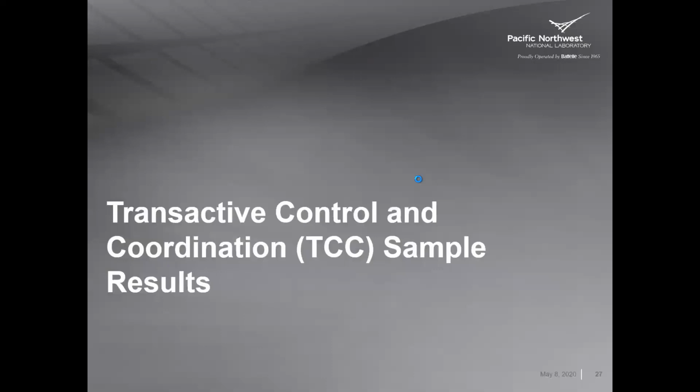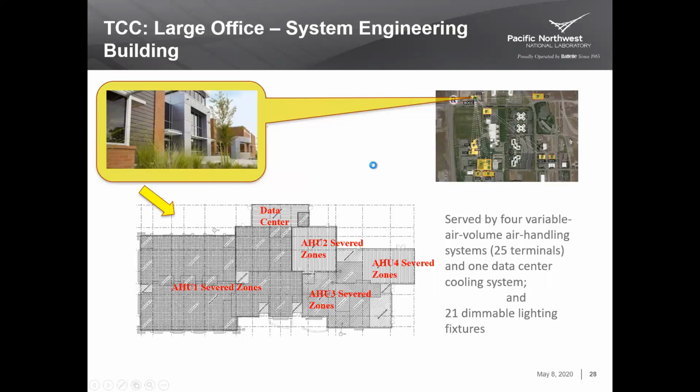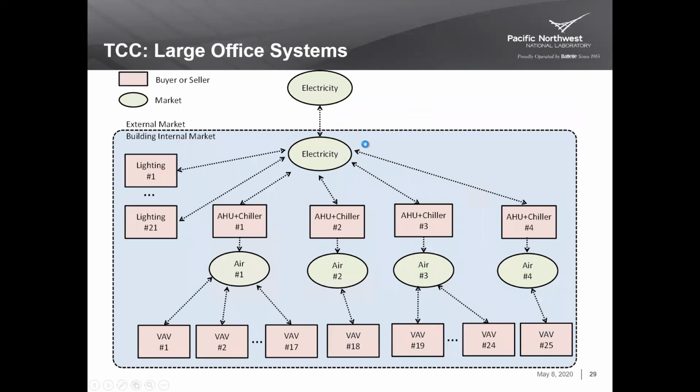Cool, and we can look at some results here. This is for a building that we've deployed the intelligent load control on. This is where it gets a little bit interesting, and we can talk more about this. Down here at the bottom, you have the VAVs, and these are TCC agents that represent each one of the different zones in the building. These individual VAV agents are communicating through the message bus, and periodically, when the market signals, submitting a demand curve, a price capacity curve, for cooling air.